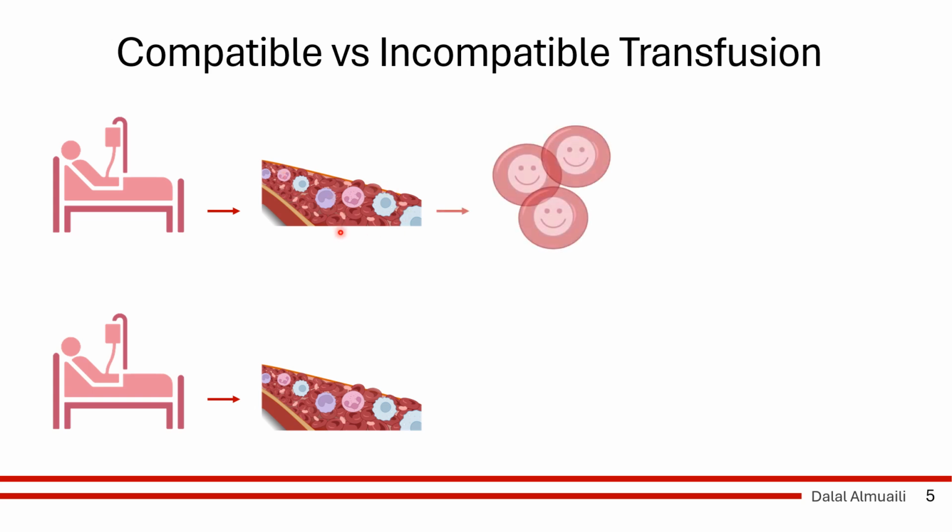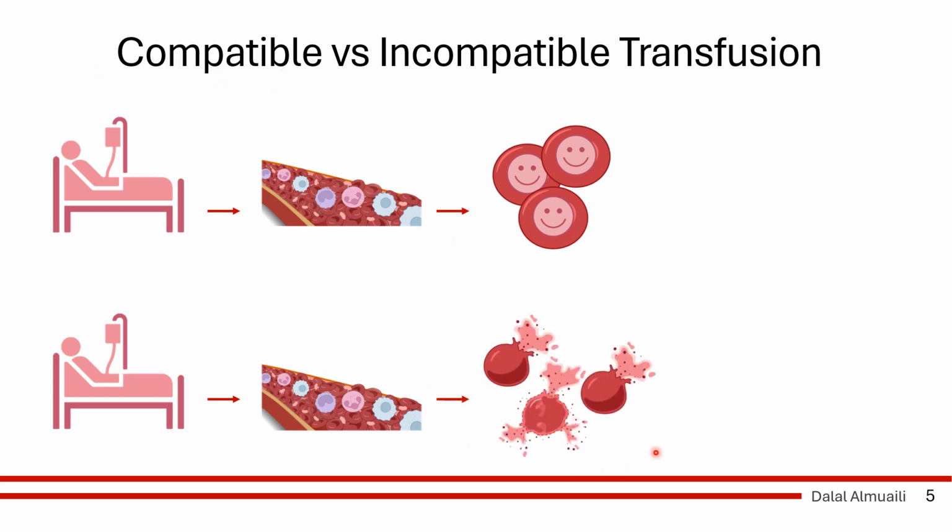Once that happens, the immune system will either decide to tolerate, and that's what's known as a compatible transfusion, or it will decide to eliminate. And in this case, this is what's known as an incompatible transfusion.